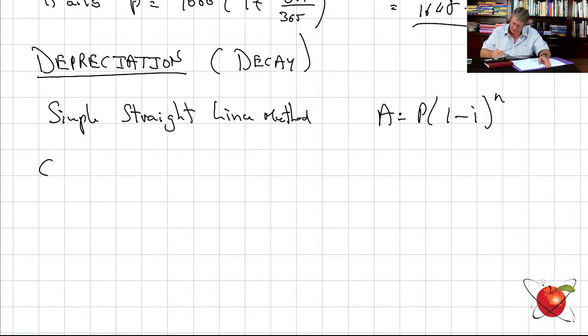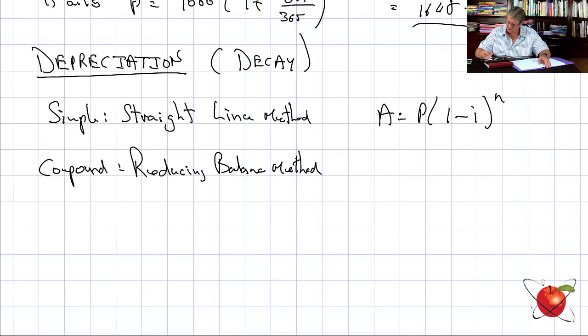That's the straight line. And using compound, this is called the reducing balance method. And here we say A is equal to P(1 minus i). Look what I did, silly me, my bad.